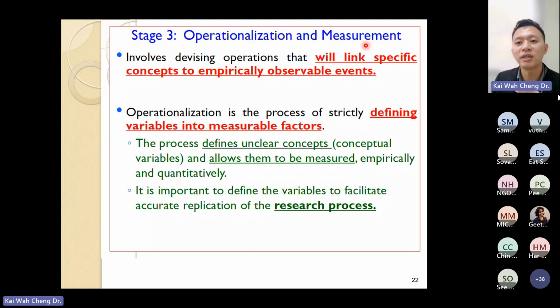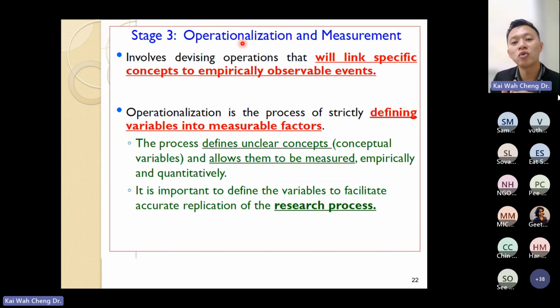We call it measurement. Operationalization means we need to identify and understand very well the definition of that particular variable. So we call it operationalization.